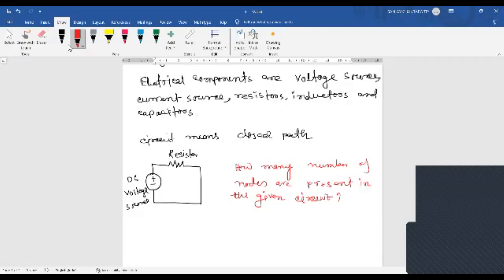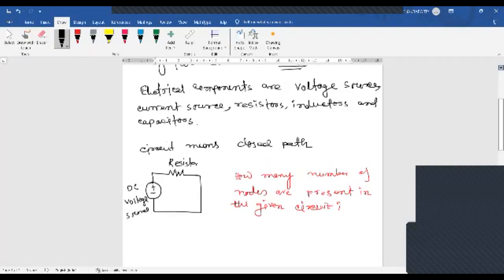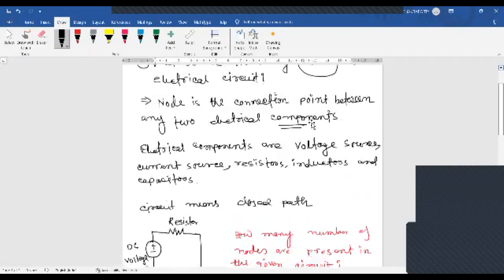So what is the definition of node? The definition of node, as I have written, is the connection point between any two electrical components.